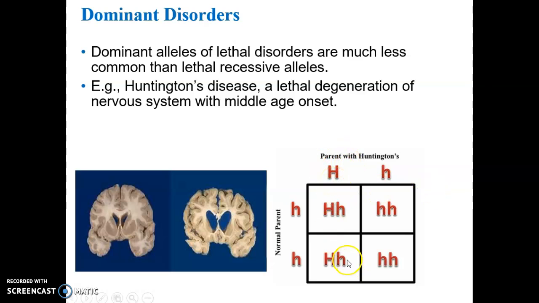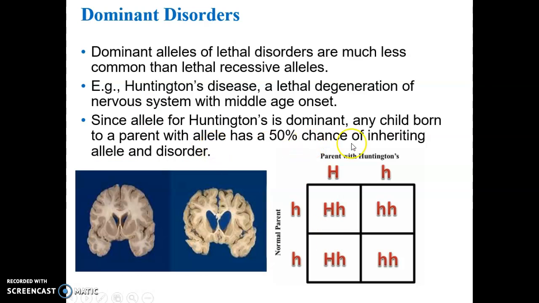And again, the Punnett square shows us that 50% of the offspring will have the condition. The only reason Huntington's disease actually still exists in the human population is because the onset of the condition doesn't happen until middle age. If the onset happened in childhood, those individuals would die before they reached adulthood, and the alleles would not pass on to future generations, and most likely Huntington's disease would cease to exist in the human population.